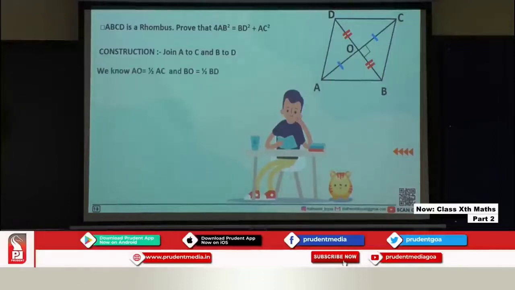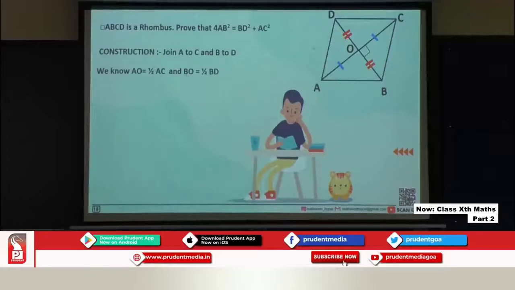Now we know that AO is half of AC. Since AO is equal to OC, AO is just half of the entire length of line AC.